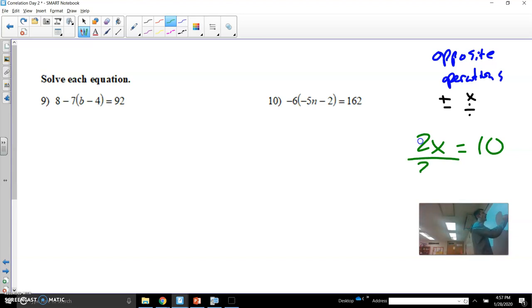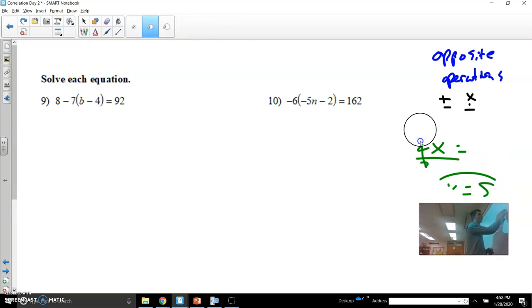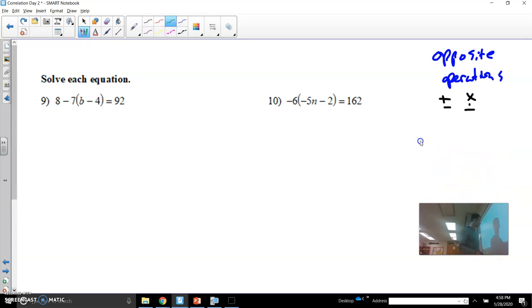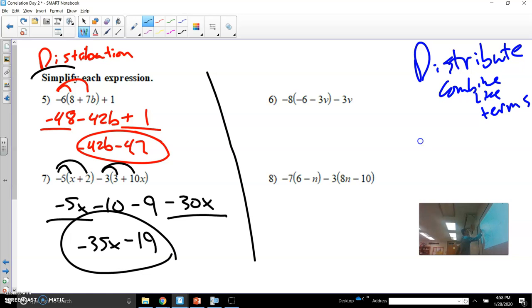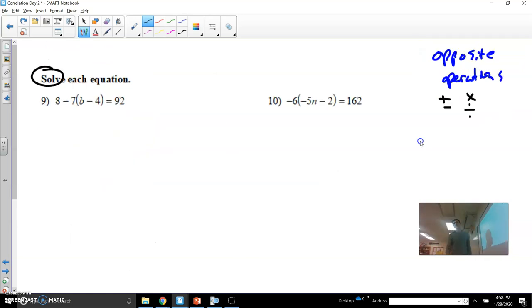I would use the opposite of multiplication, division, in order to figure out that 5 multiplied 2 is 10. So that's kind of the short and skinny as to why you would change the operations, but it's only when there's an equal sign, and it's only when the directions are solve. Pay close attention to the word solve versus the word simplify. Those are not the same thing.